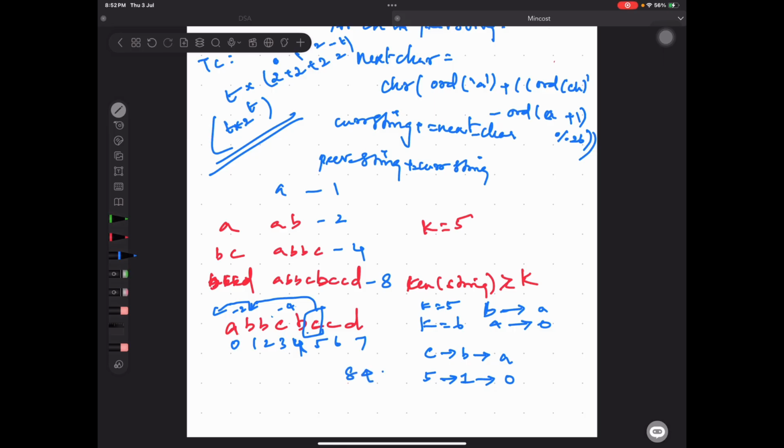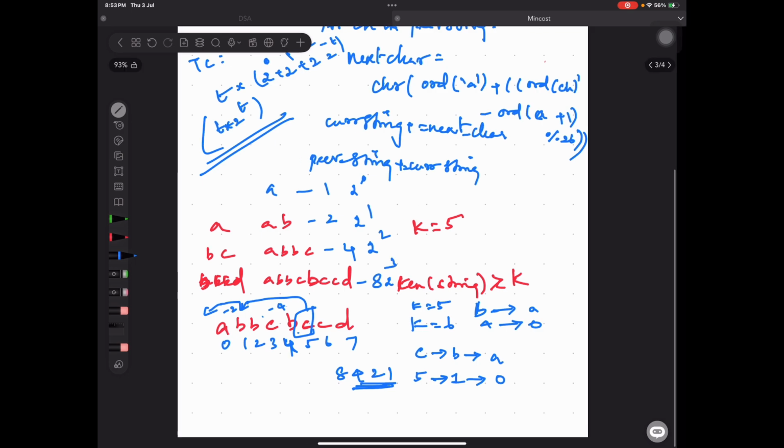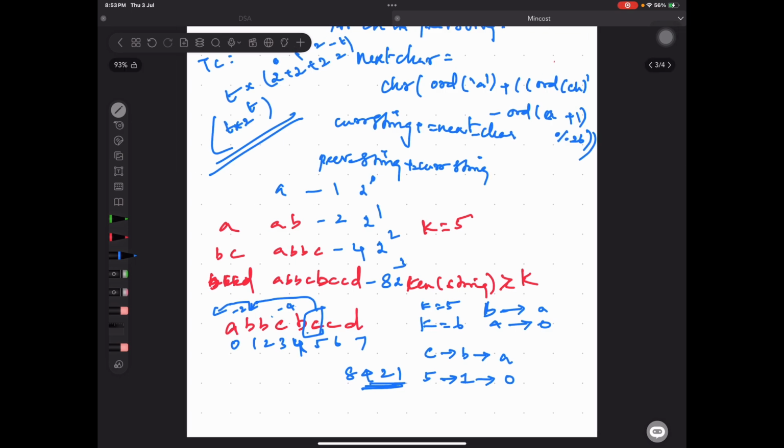So 8 4 2 1. So to generate a length of 7, what will be the bit length at the max? It will be 3, right? Yeah, so like this, if you take this is 2 power 0, 2 power 1, 2 power 2, 2 to the power of 3. This is the same here as well.